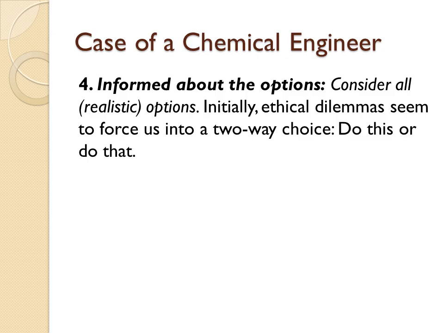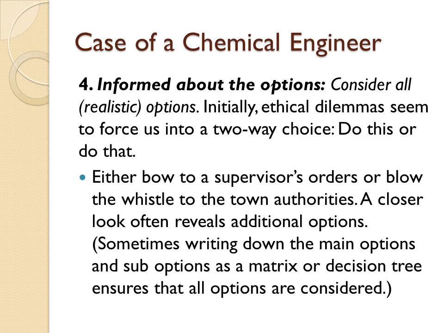Initially, ethical dilemmas seem to force us into a two-way choice: do this or do that. That is the initial stage, but we need to find more options as well. Either bow to a supervisor's order or blow the whistle to the town authorities. Blowing the whistle is a term in professional ethics. It means telling some secret information to others.